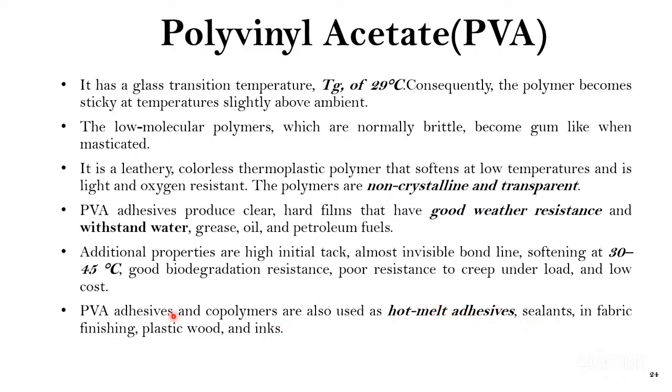And this PVA adhesive also acts as a sealant. Sealant means, suppose you are joining two walls in construction, they use the sealant to fill the gap between the two walls. The applications are in fabric finishing, plastic, wood, or ink.